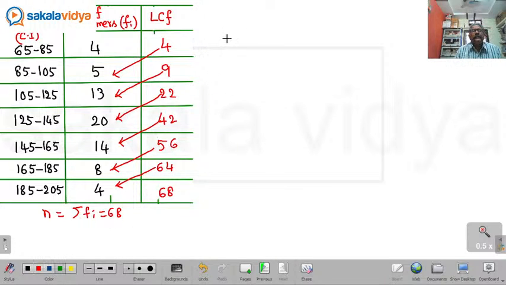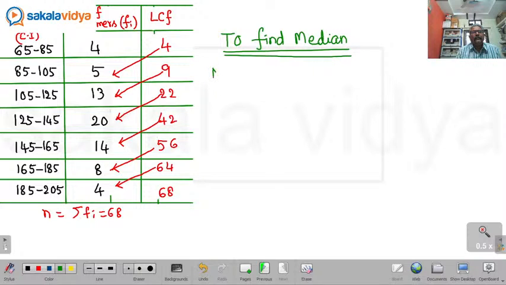To find the median, find n by 2 value. What is n by 2? 68 upon 2, that is 34. Look in the cumulative frequency for the value just more than 34.